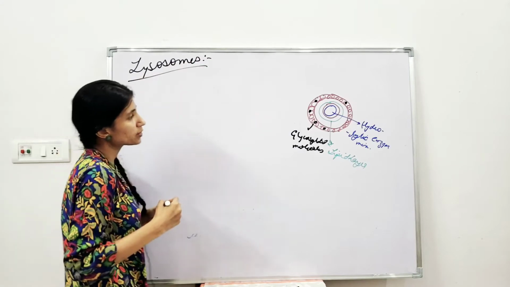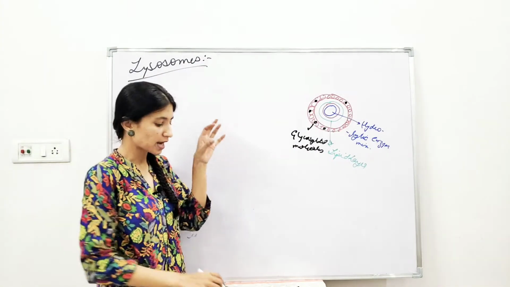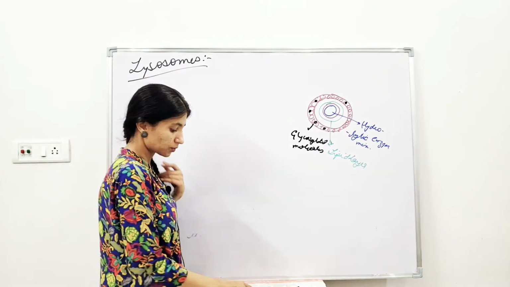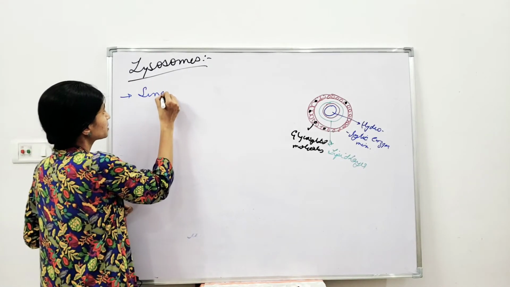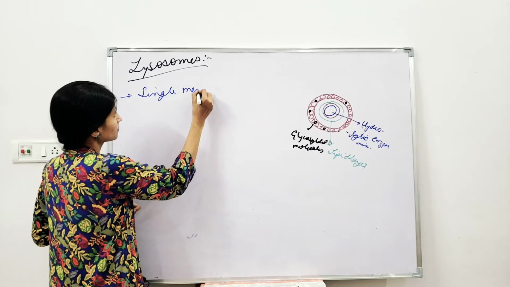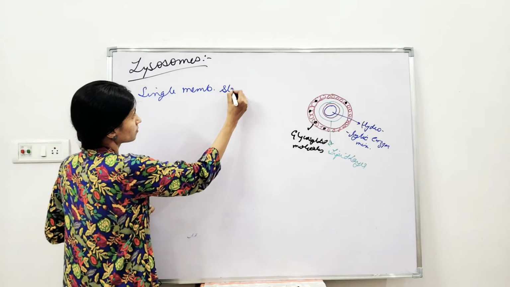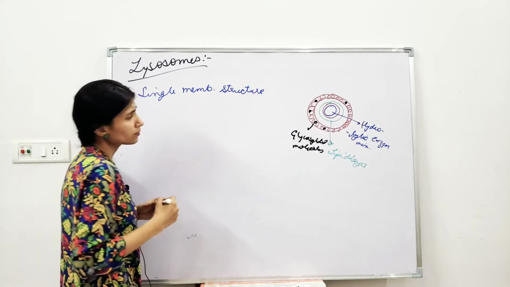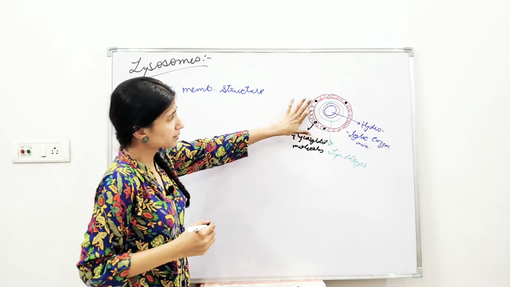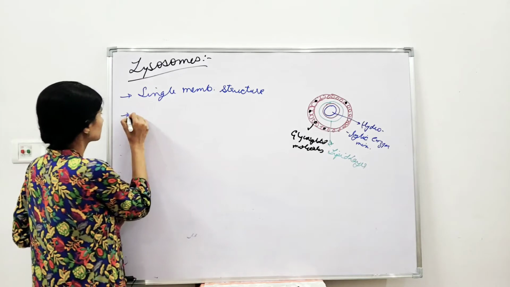Now if you look at the structure, lysosomes are actually a single membrane structure. Okay, they are a single membrane structure, and it is made up of a lipid layer.